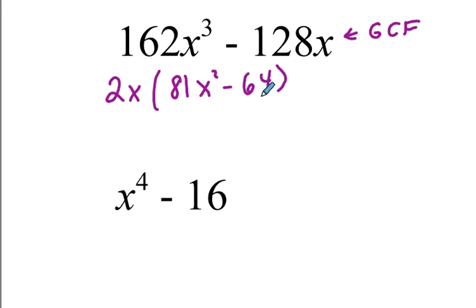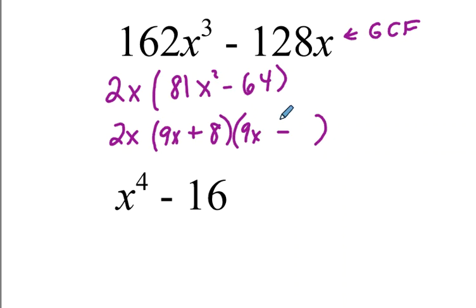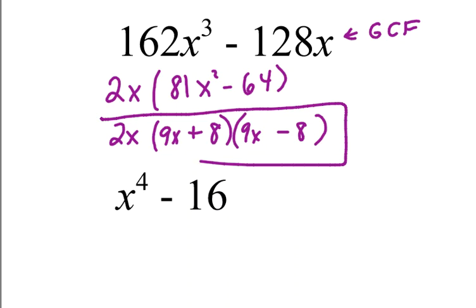There's my difference of two perfect squares. So I'll have 2x, and then I set up one plus, one minus. 81x squared is really 9x and 9x, and 64 is plus 8 and minus 8. Final answer.